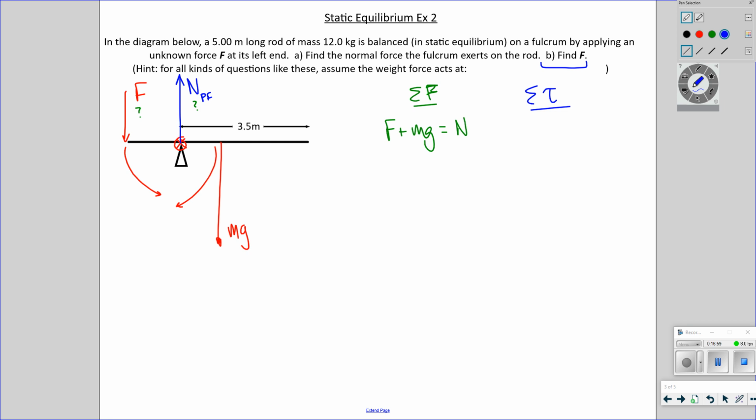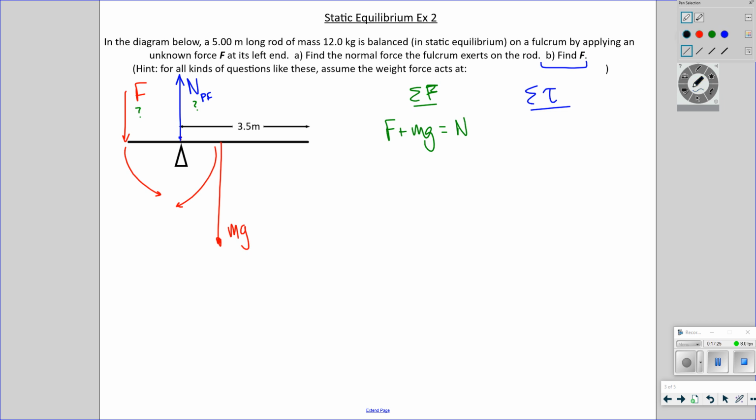Now, this thing will actually rotate about this fulcrum point. All right? But I just want to show you this. Just because the object actually rotates about that axis doesn't mean we have to do a net torque analysis around there. All right? And in particular, question A says, what's the normal force? So what I'm going to do is choose to keep the normal force in my net torque analysis.